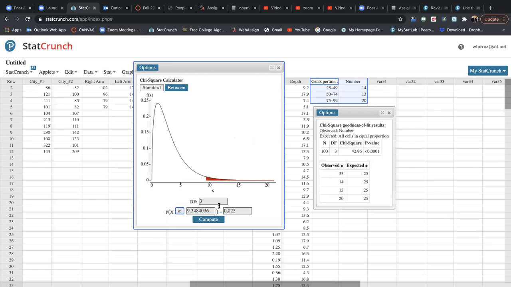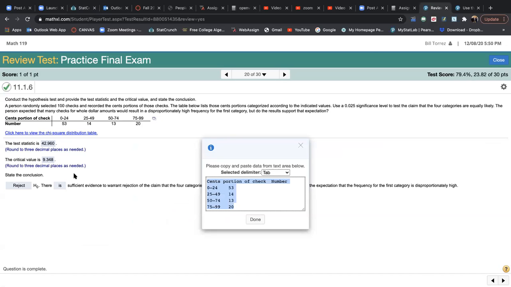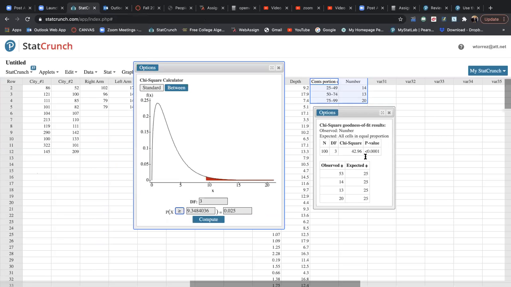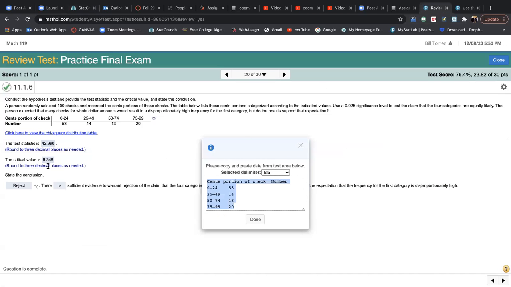And there we get a critical value of 9.3484, rounded to 4 decimal places. Okay, so we go back here. It says round to 3, so it would be 9.348. Okay, round your critical value here to 9.348, and that's going to be our critical value.